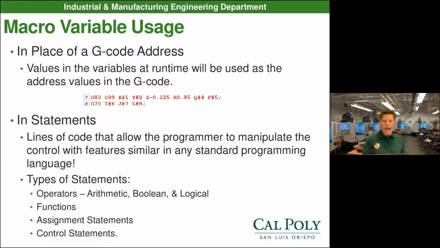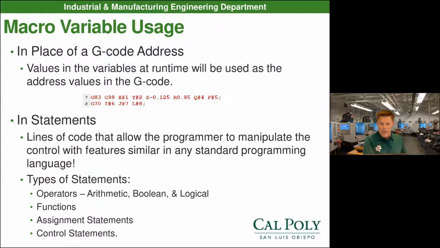After that, you're wondering, how do we use these variables? If you remember, you use the pound symbol. Anytime you have the pound symbol in front of a number, that's a variable in your CNC program. So I could actually use these macro variables in place of a G-code address. And that's really the key to my CNC macro project. These variables, at runtime, will be used as the address variables in the G-code.